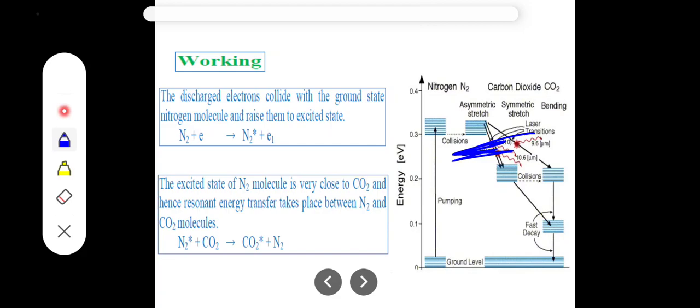When the carbon dioxide molecules return from the metastable level, two laser beams are emitted, one of 9.6 micrometer wavelength and another of 10.6 micrometer wavelength.